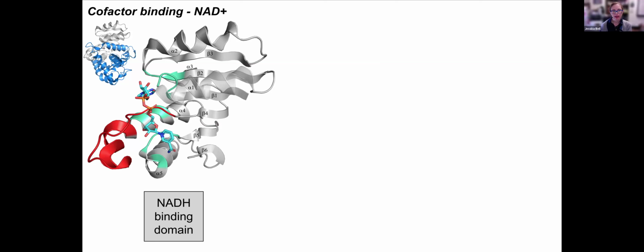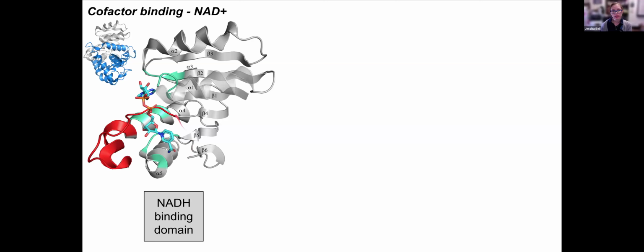So at the top here, we have the adenine ring, then the ribose, the two phosphates, the second ribose, and then the nicotinamide here, poking down and leading into the second domain, which is going to bring the substrate to the party.